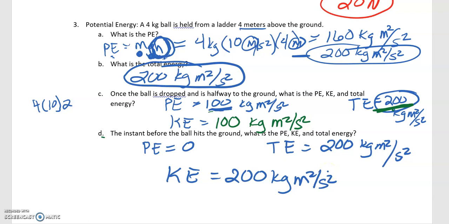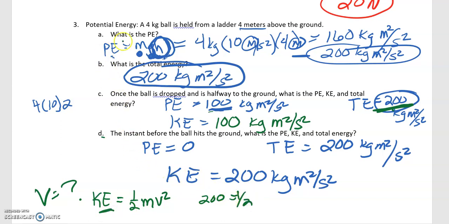Now I could follow that up and ask you, the instant before the ball hits the ground, what is its velocity? We could use the formula that kinetic energy is equal to 1/2 mv squared, and put in our 200 for the kinetic energy, equal to 1/2 times our mass, which was 4, and then solve this for v squared. To get rid of the fraction, I would multiply both sides by 2 over 1.